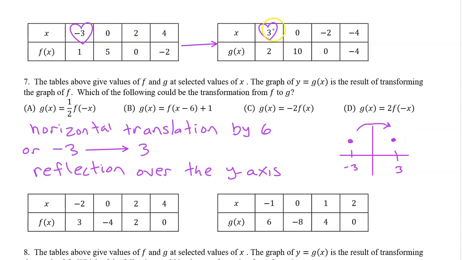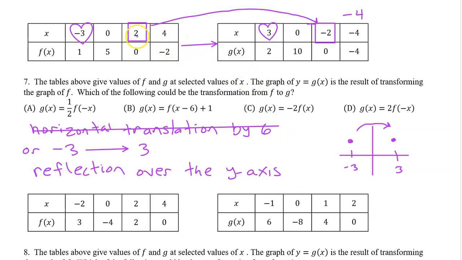Let's look at another pair of values. From 2 to negative 2. Is this a horizontal translation by 6 or a reflection over the y-axis? This is not a horizontal translation by 6. From 2 to negative 2, this would be a horizontal translation by negative 4. So it's not going to be a horizontal translation by 6.